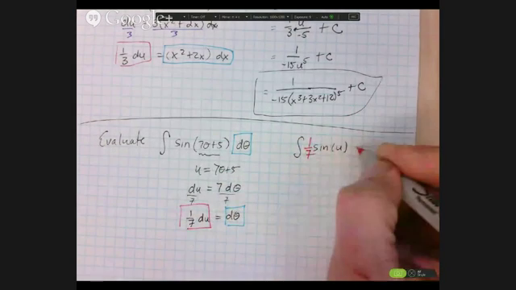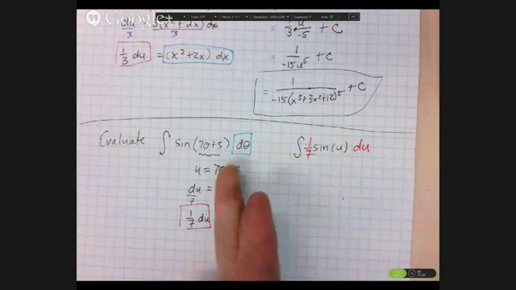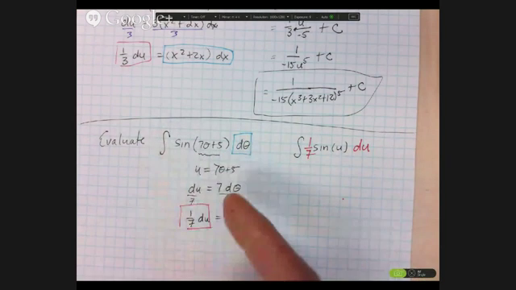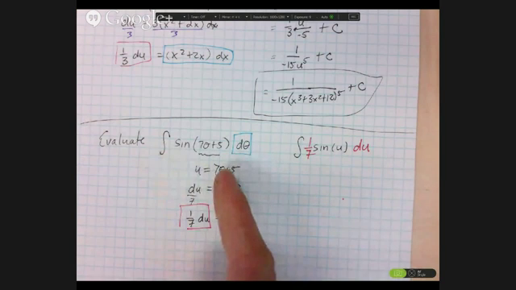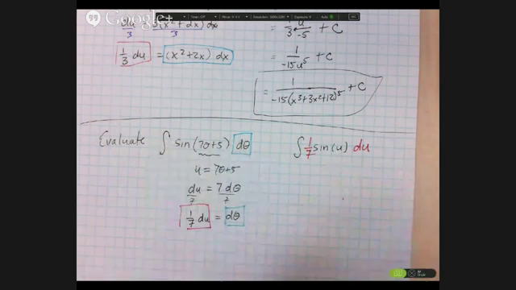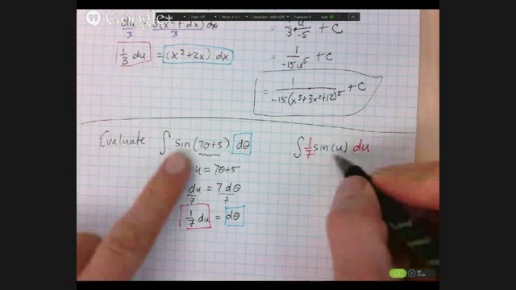How do you determine stuff like that? What section is going to be u? You're looking for the item that has a derivative outside here. So the derivative of theta is 1, right? So it's out there. You just need to mess with the constant to make it work. And then you can take your derivative, which is negative cosine u. Not yet, because we still have the integral here.